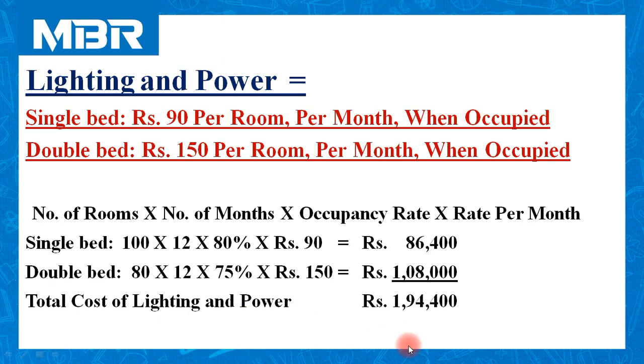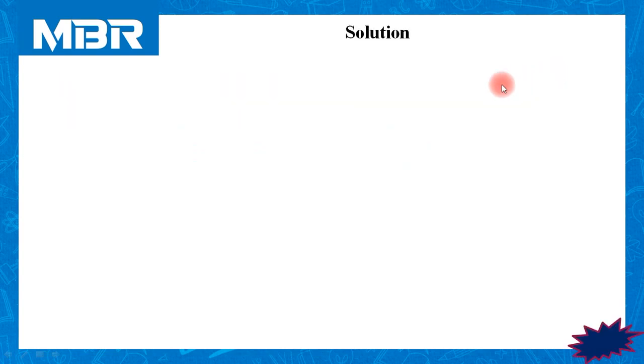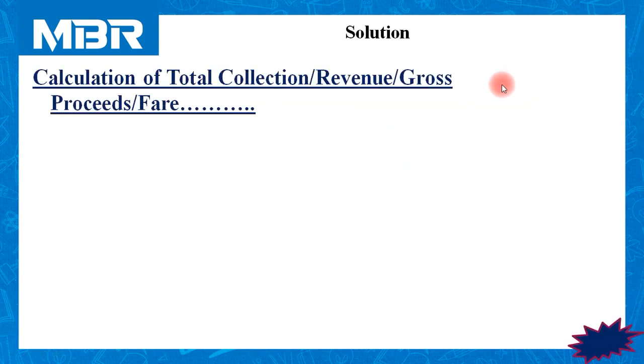Once you calculate salary of room attendant and lighting and power, rest of all other items are very easy in hotel industry. In fact, calculation of room attendant salary and lighting and power are also very easy if you apply logic for the calculation.